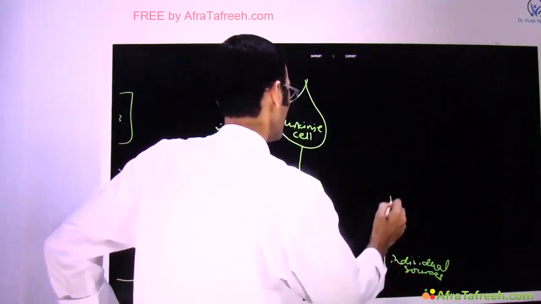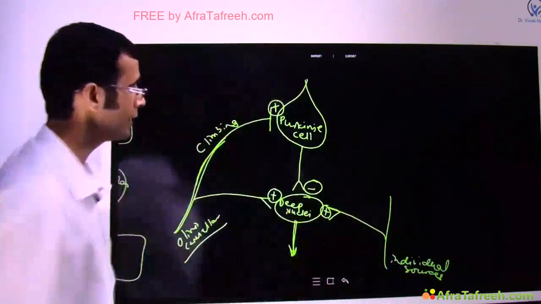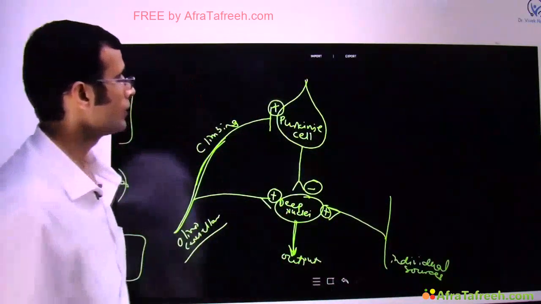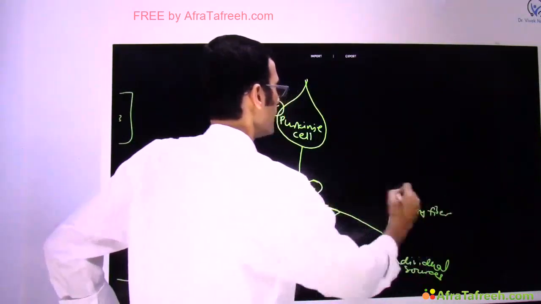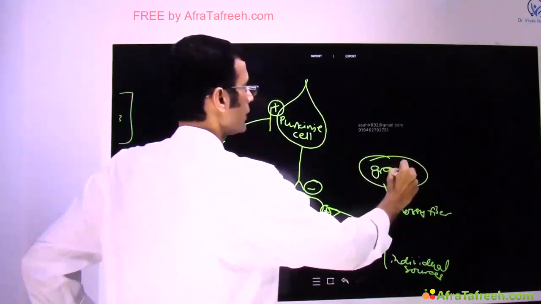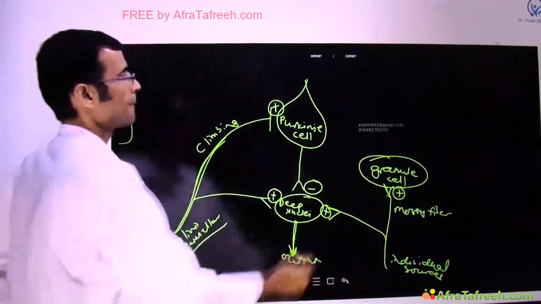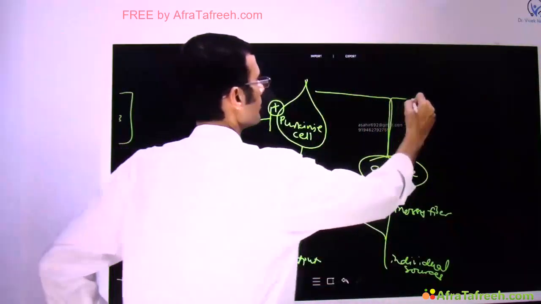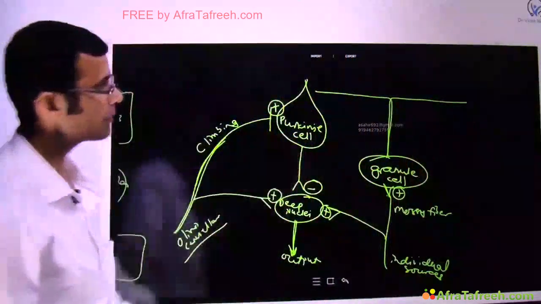Okay, then from the individual multiple sources, the fibers come in. As they come in, they give a collateral to excite the deep nuclear cell, and then deep nucleus will send the output. Then this fiber, which is called as mossy fiber, it will first excite another cell in the cerebellum called as granule cell. Granule cell then gives short axons which run to the surface of the cerebellum, superficial layer, and then make a T. These are the T-shaped axons.